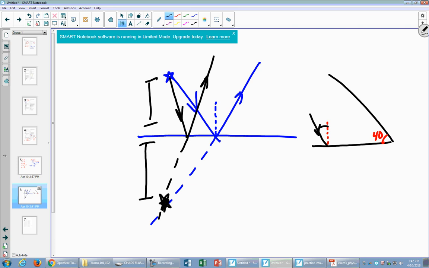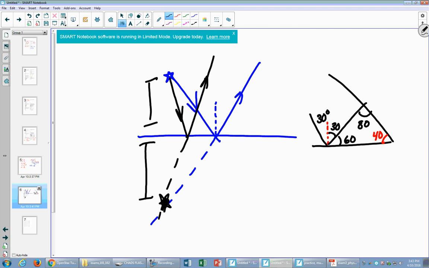Let's say that I have it come in at 30 degrees. And I want to know, after this thing bounces off the second mirror, what is its reflected angle? So first, I draw this ray, and I know that this angle is 30 degrees, because for flat mirrors, theta I, the incident angle, equals the reflected angle. And so this angle is equal to 60, and that means that this angle is equal to 80 degrees.